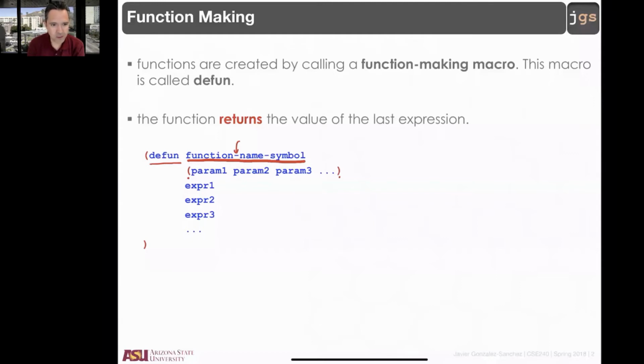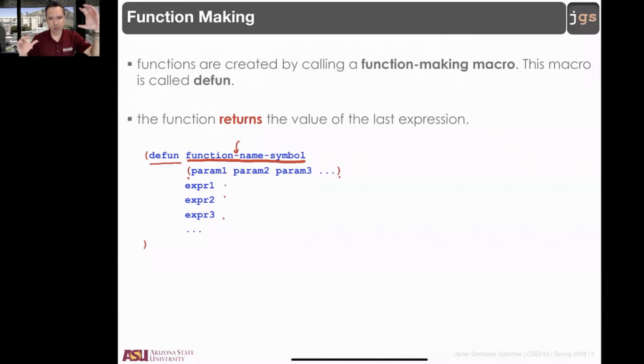So the defun, the name, inside of parentheses, the parameters, only the name. Remember, there is no data types. And after that, whatever you want to put here are the instructions inside of your function. That's it.